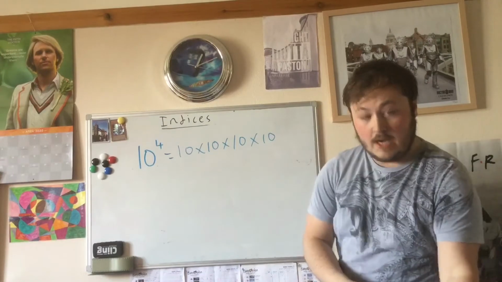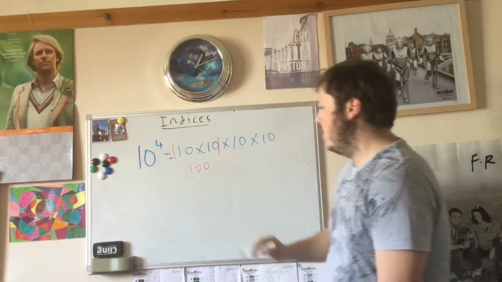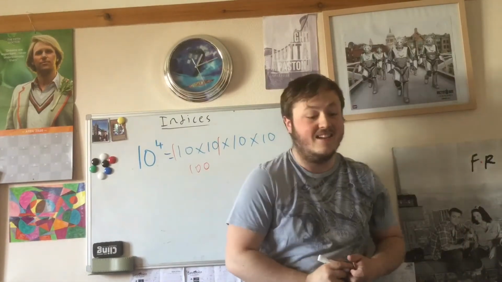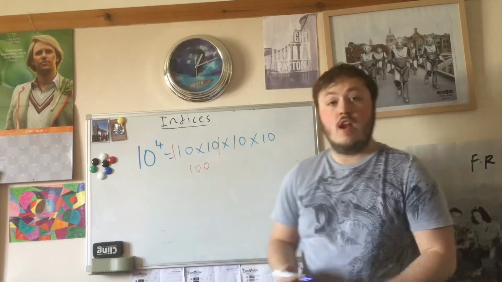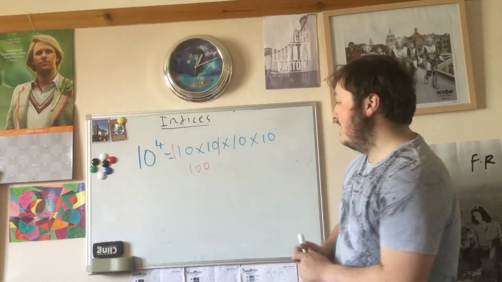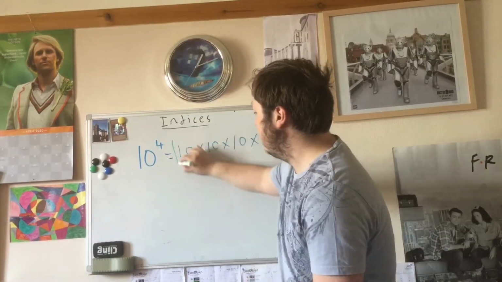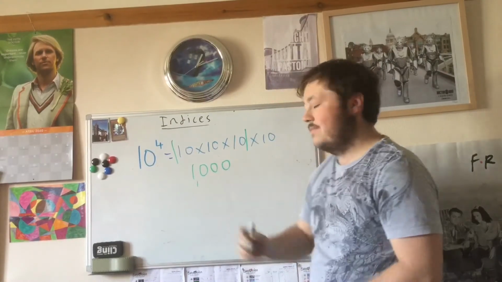That's our 10 times table. So that, we know, is 100. So what is 100 times 10? Well, remember whenever we're timesing numbers by 10, we add on an extra 0. So that is 1,000.